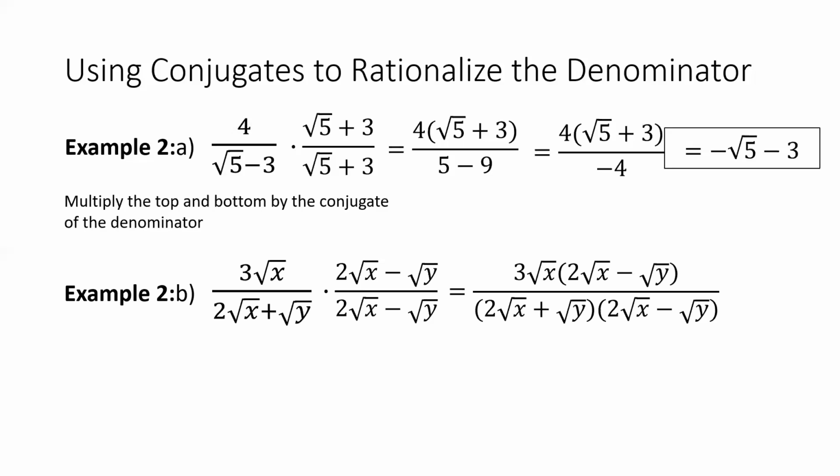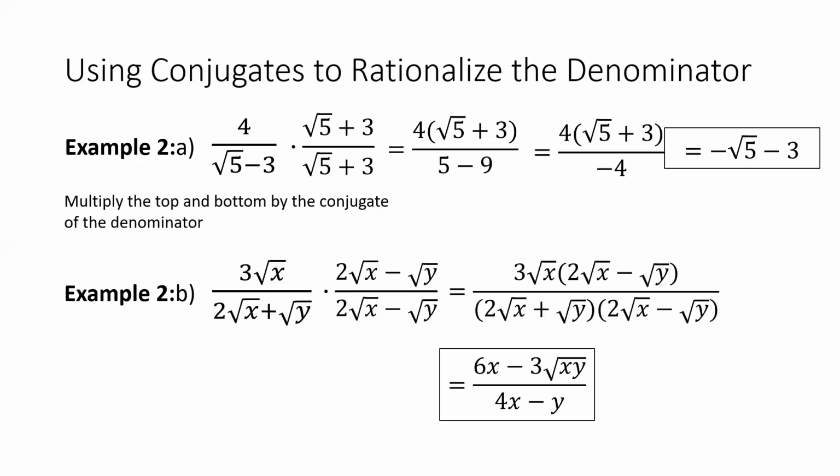And so really all I did in that step, which wasn't the most helpful, is I just made it a single fraction. Essentially you're taking 3 root x and multiplying it by the numerator on the top right, 2 root x minus root y. Now if I FOIL that out, and use the formula on the bottom, I'm left with 2 root x squared, which is 4x, minus square root of y squared, which is y.